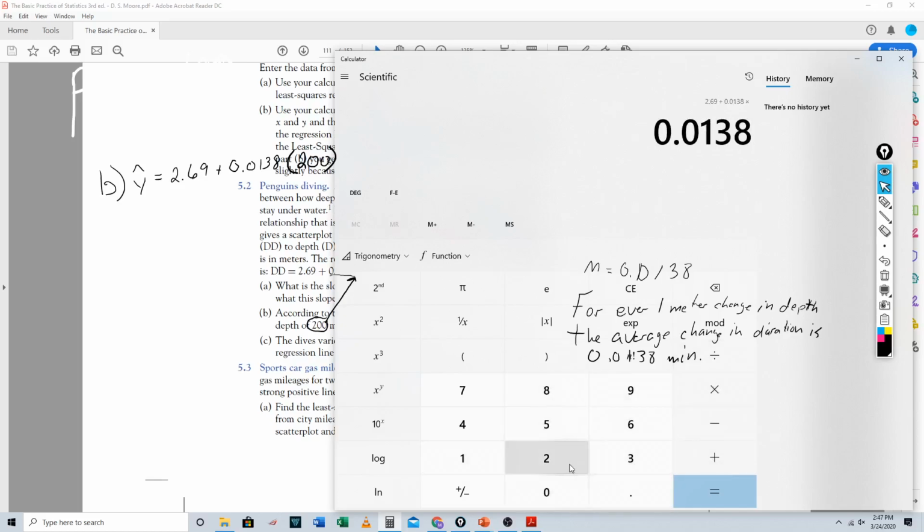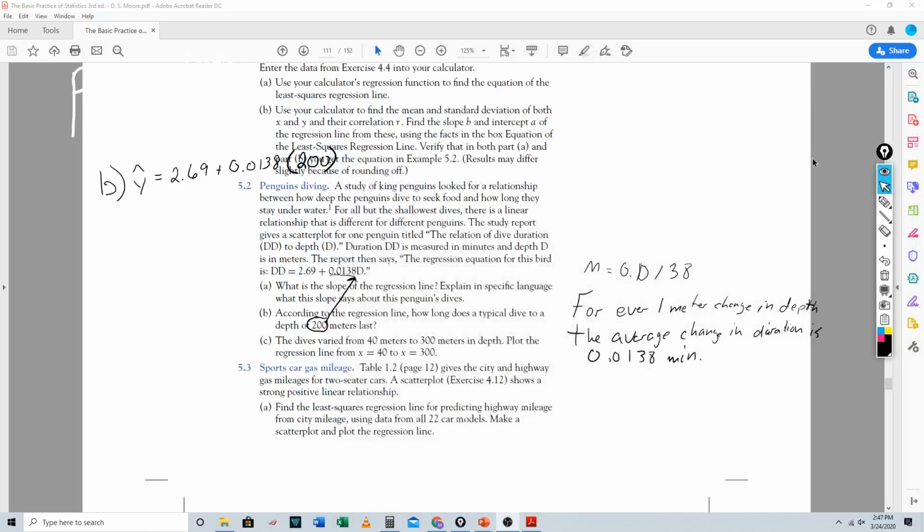So what this says is if you want to change this to minutes and seconds, you can. But the average time, I'm not in pen anymore, so pen.